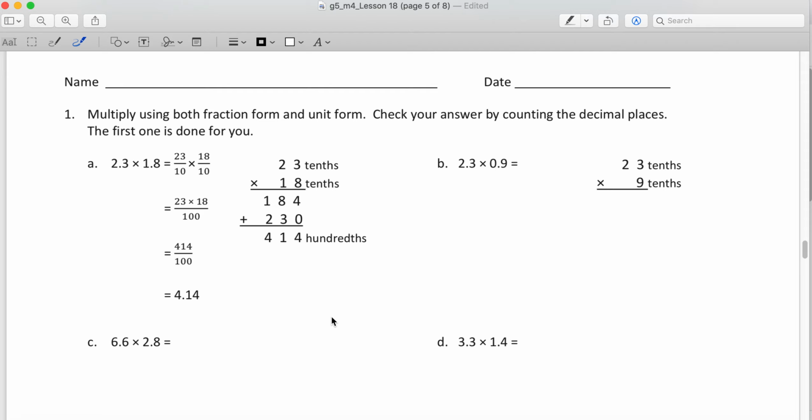If you notice here, just as well, is that they wrote it here as a fraction. They took each decimal, wrote it as a fraction. So 2 and 3/10, they went straight to 23/10, 18/10. If you see it, you can do it.